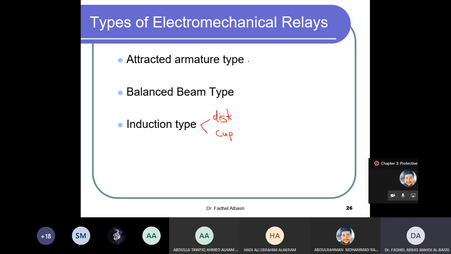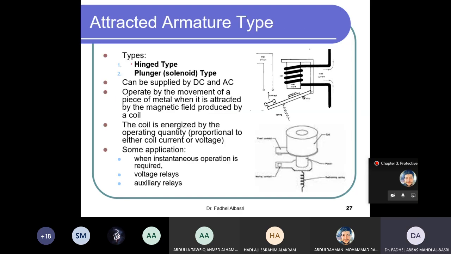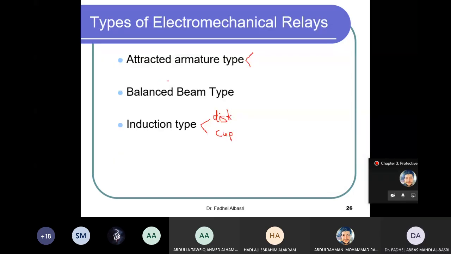Attracted armature can also be classified into 2 types: hinge type, which is this one, and plunger type.